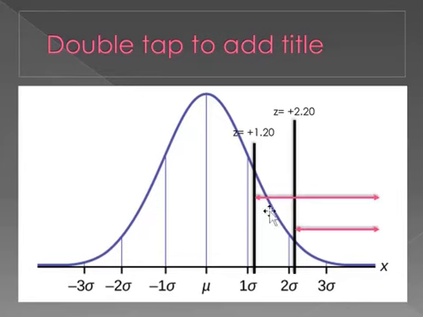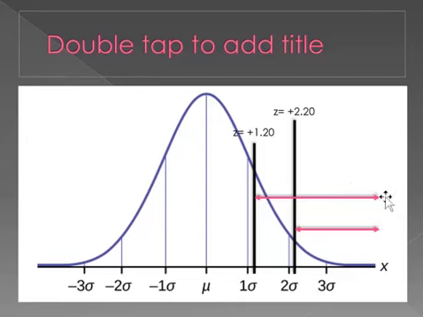The way I'm choosing to do it here is to find the proportion of scores that fall at or above plus 1.20, right, which is going to be from here all the way to the end of the distribution. I'm also wanting to find the proportion of scores that fall at or above plus 2.20, so that's going to be everything that falls from here to the end of the distribution.